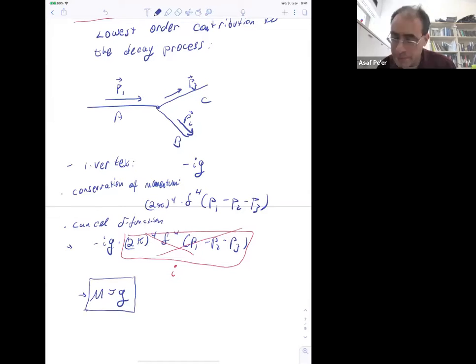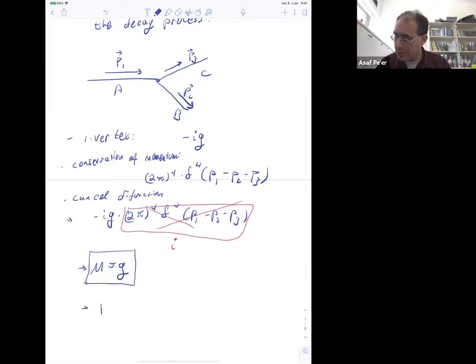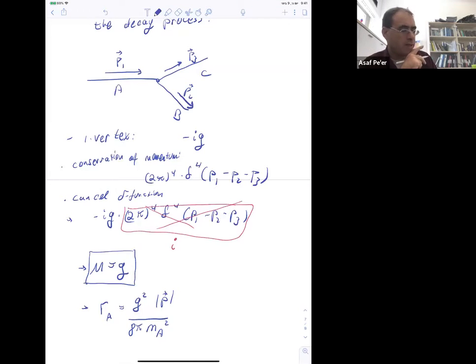So now that we know that M is equal to the coupling constant, I can plug it in the result that we derived last week for gamma. So that means that gamma A is just G squared P divided by 8π M_A squared. P is the magnitude of the outgoing momenta of either particle, and that's given by the long equation that we presented previously.